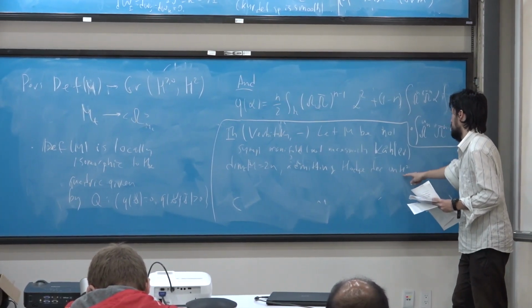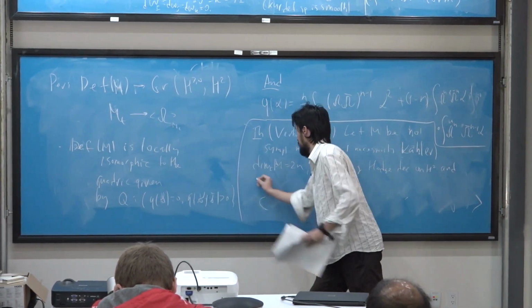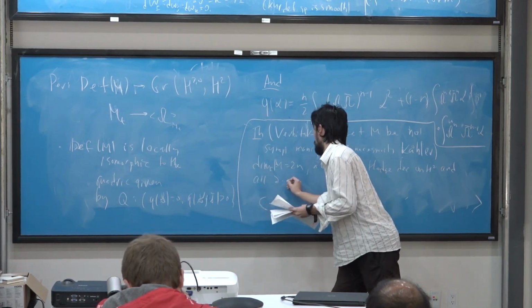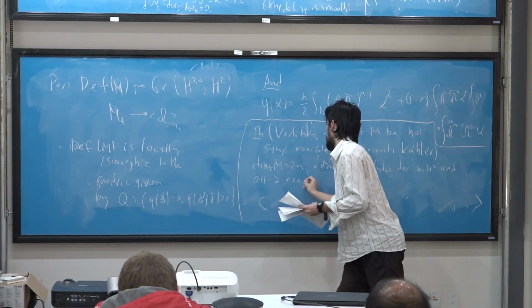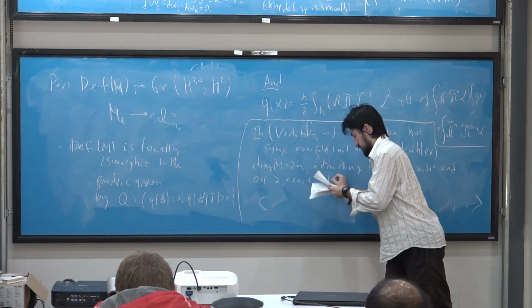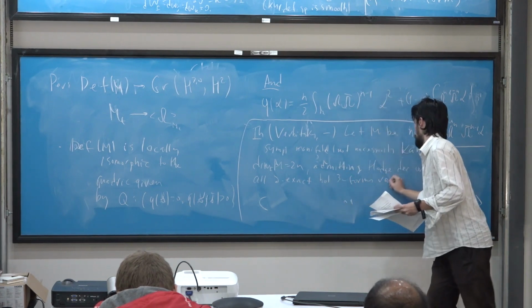So it means Hodge decomposition on H2, and that is not enough. And all del-bar exact holomorphic forms vanish.